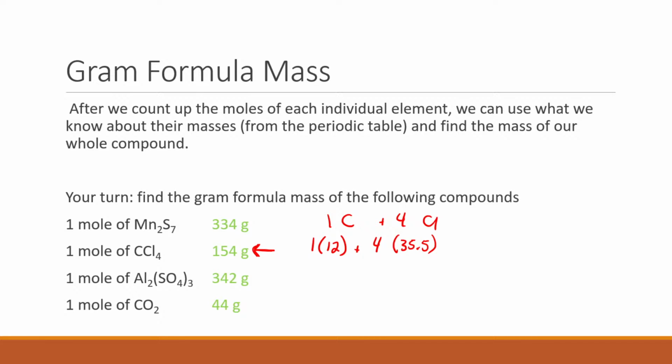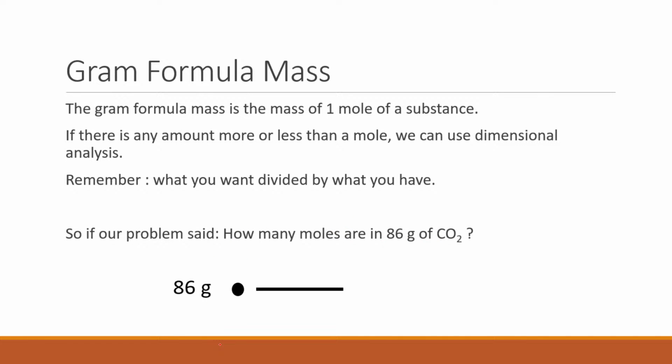We can use the idea of gram formula mass, the idea of what 1 mole of the substance weighs, to then solve other problems, right? This is going to be something that we get to use moving forward. Let's look at an example of that.